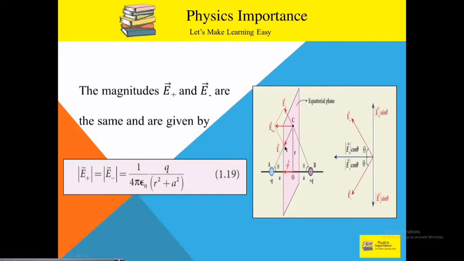So in the place of AC square, we can write R square plus A square. So here also in the place of BC square, we can write R square plus A square. So anyway, we can write the formula E plus equal to E minus is equal to 1 by 4 pi epsilon naught Q by R square plus A square, that is distance square, or we can say it is AC square or BC square.